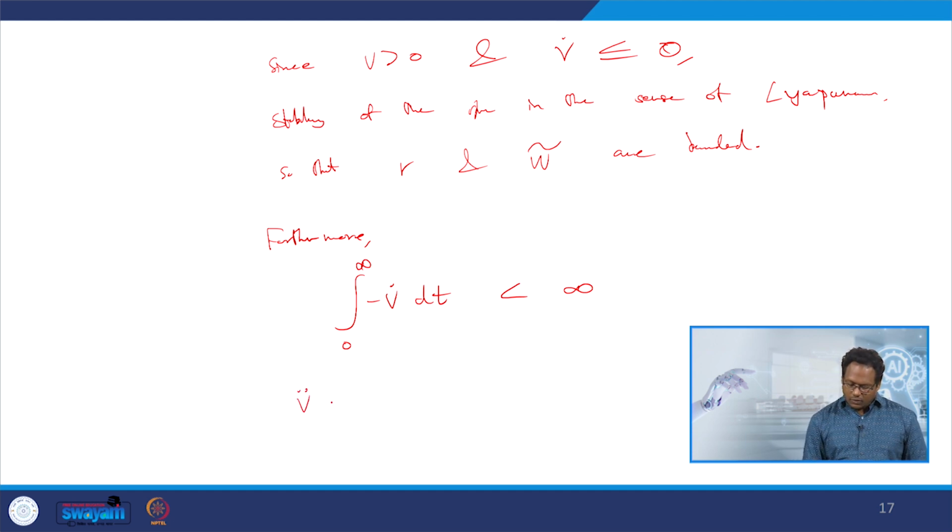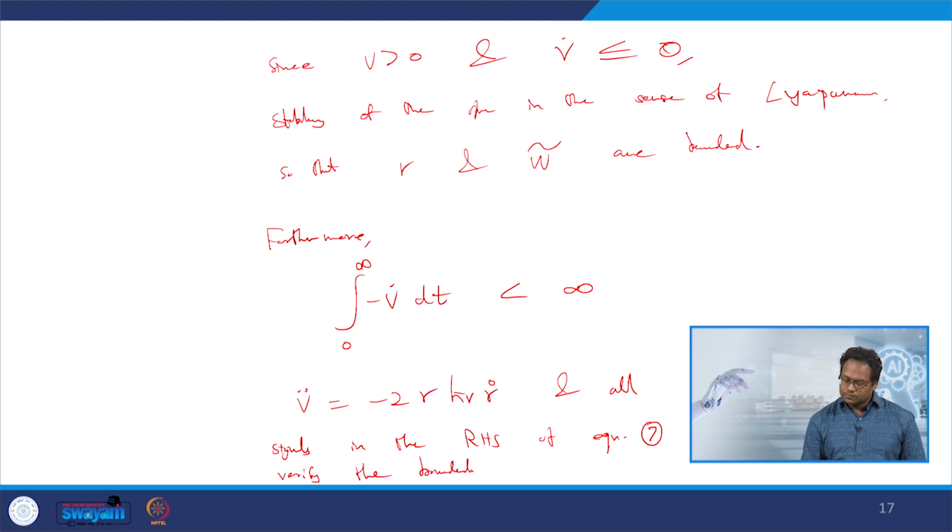and V double dot, from V dot, is equal to minus 2 times r kV into r dot, and all the signals on the right hand side of equation 7 verify the boundedness of r dot as well as V double dot.